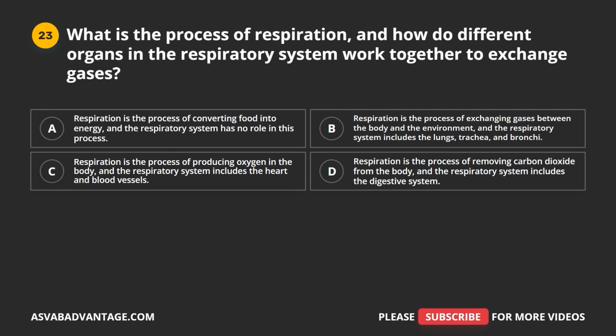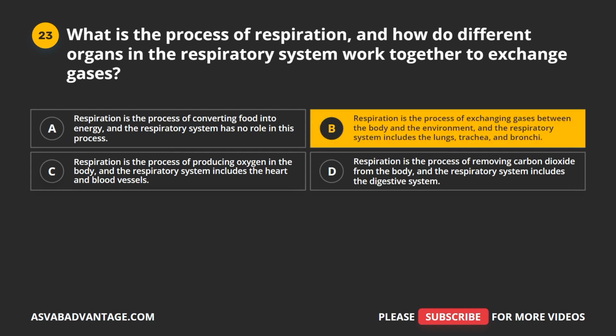C. Respiration is the process of producing oxygen in the body, and the respiratory system includes the heart and blood vessels. D. Respiration is the process of removing carbon dioxide from the body, and the respiratory system includes the digestive system. The correct answer is B.